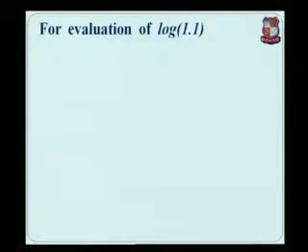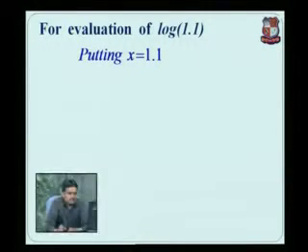So in the previous formula we put x equal to 1.1. Suppose in the exam the question is like this, find the value of log 3.2, then we take x equal to 3.2, or if the question is find the log value of 5.7, then we take x equal to 5.7. So in this type of example, first the expansion, and after that we put the value.